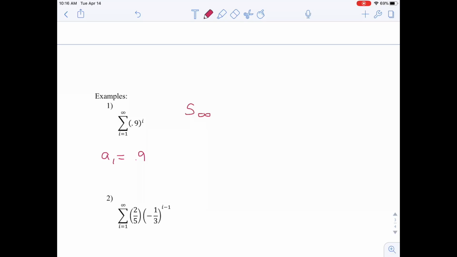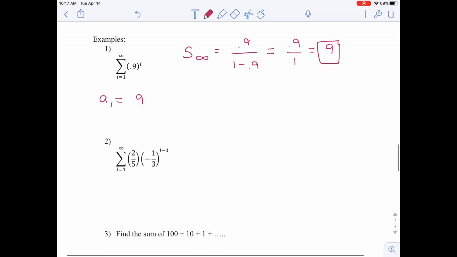So the sum of the infinite sequence would be a sub 1, so 0.9 over 1 minus r, where r is 0.9, which is 0.9 over 0.1, and then this would sum to 9. So again, an infinite sequence that actually sums to a number. Each time those numbers are getting smaller and smaller, and eventually they get to basically 0, and that's where we're going to sum right up until 9.